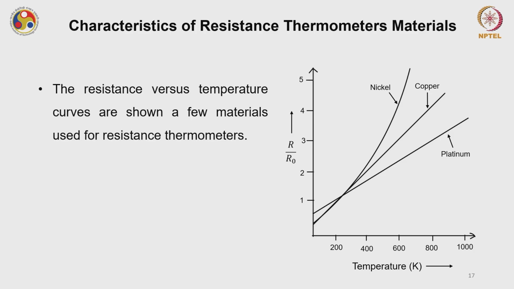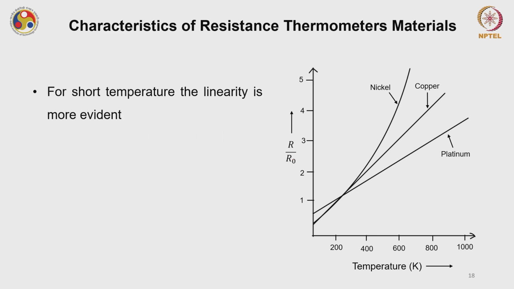Okay, the resistance versus temperature curves are shown for a few materials used in resistance thermometers. Just have a look at this curve for at least three metals: nickel, copper, and platinum. You can see this curve between R by R naught and temperature. For platinum it is more or less linear in nature, but if you see nickel it is nearly non-linear.